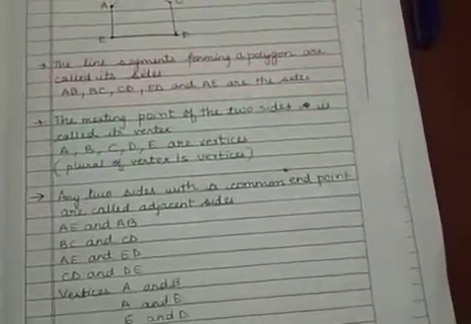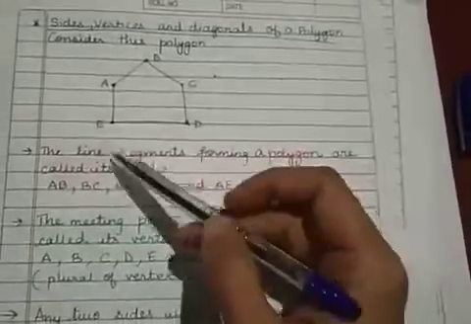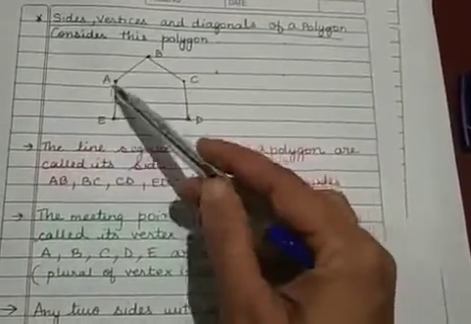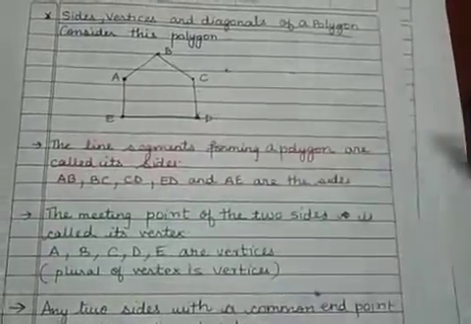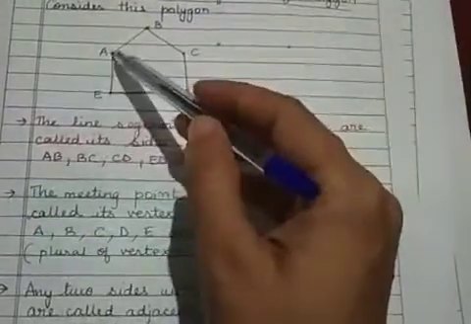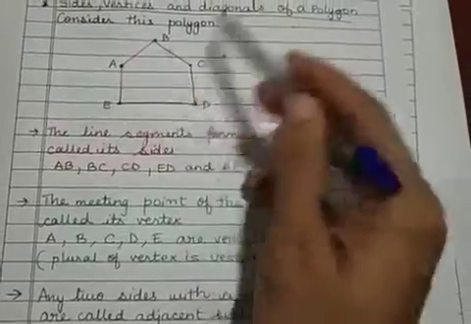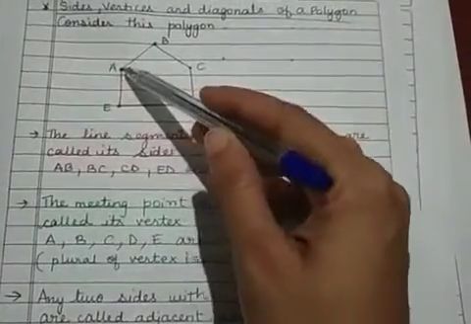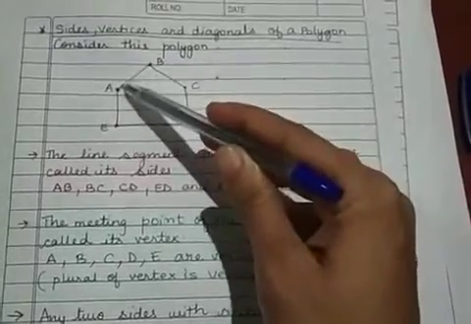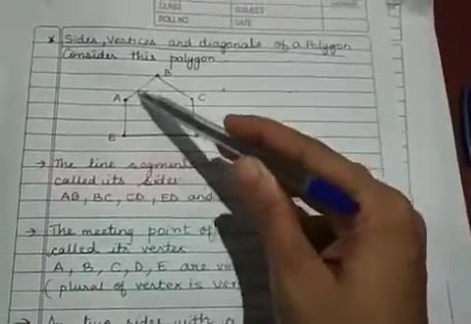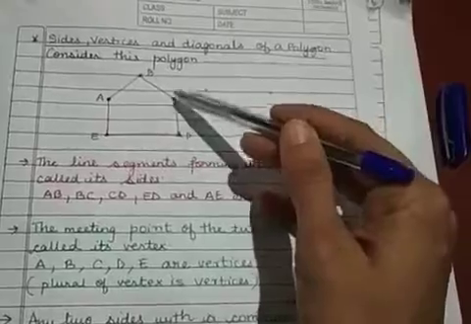Next we will see what are adjacent vertices. The vertices where adjacent sides meet at the common point are called adjacent vertices. So which vertices are adjacent? A and B are adjacent, they are on the same line segment. B, C are adjacent to each other.